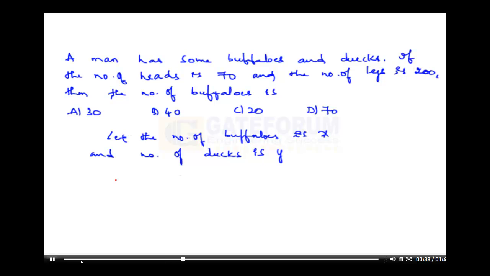What is given here? The number of heads is 70. So x plus y is going to be 70. Make this equation number 1.